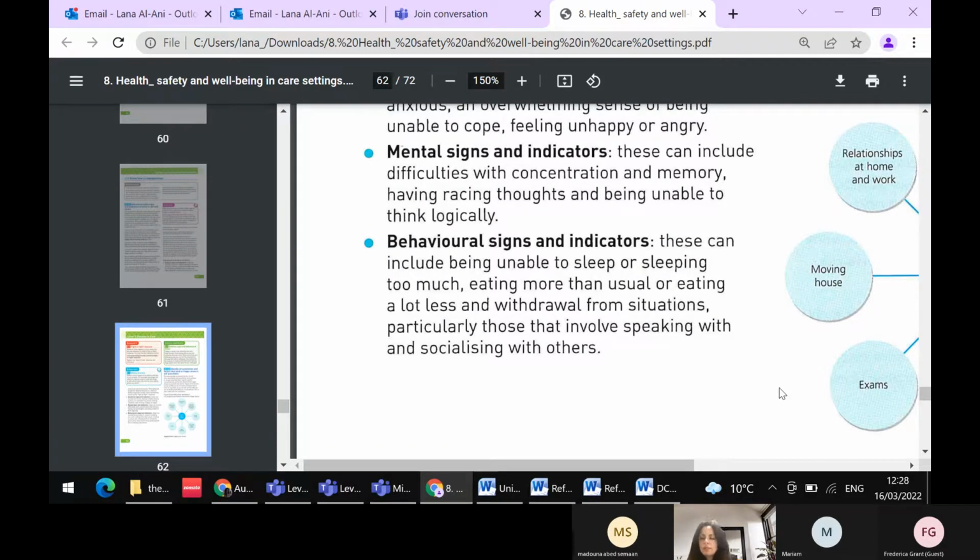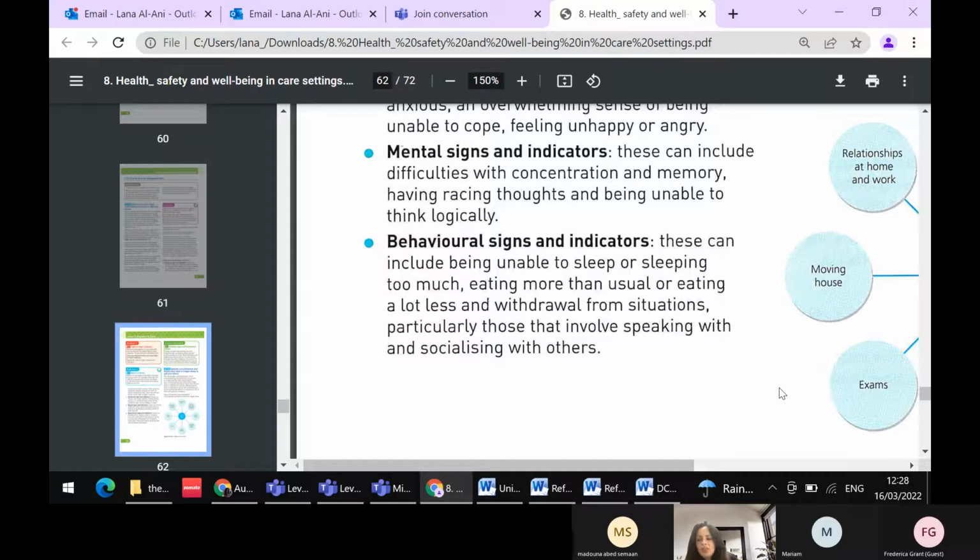Also, there are behavioral indicators, like you're unable to sleep. You just wake up in the night and you can't sleep, thinking. Eating more, you go to the fridge in the night and start eating too much. You may lose weight. Even though you eat too much, you lose weight because you're burning too much, you're thinking too much.